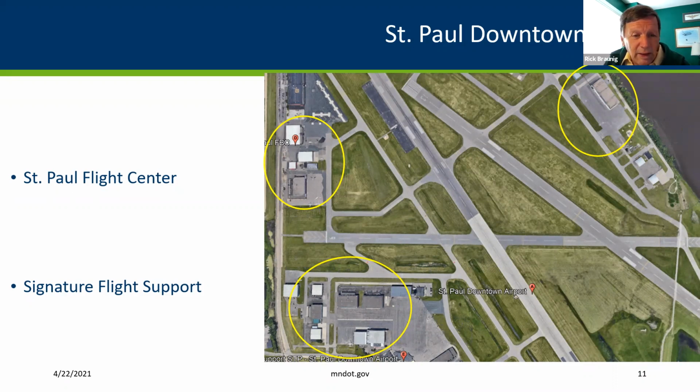I think I've operated out of just about every place you can operate on St. Paul. Well, I haven't operated from the guard hangar yet. They don't seem to welcome me as much as the other fixed-base operators on the field. So the point is, you can see they have significant space to operate on the ramp.